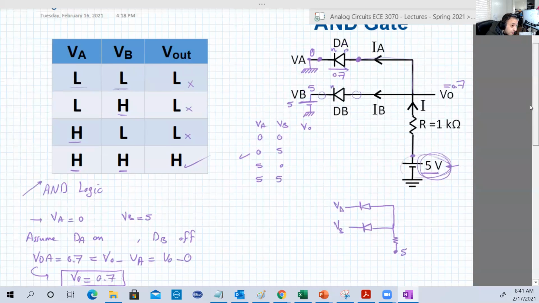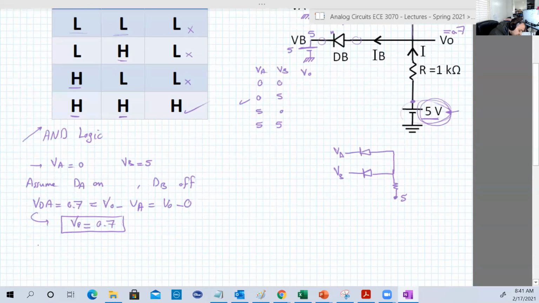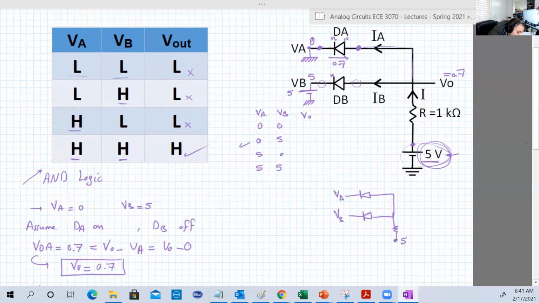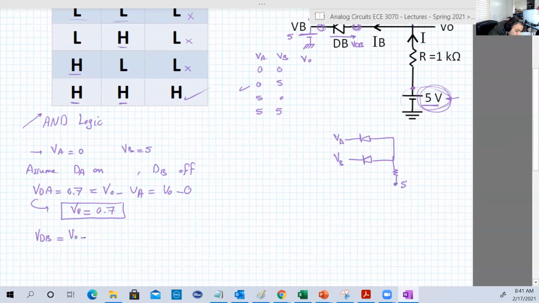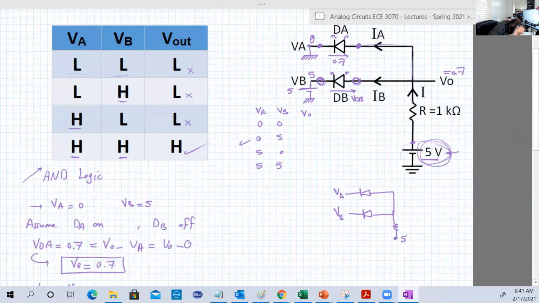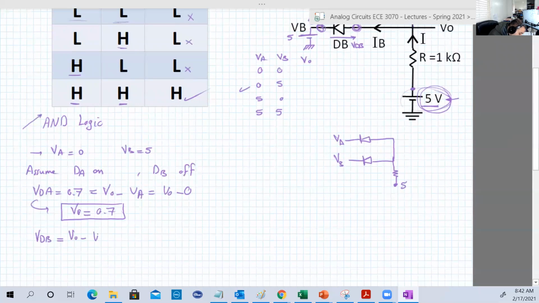Now let's check DB. So we remember DB is off. So it might be reverse, it might be forward, but with voltage less than 0.7. So let's check that. Let's determine VDB. VDB is the voltage of that guy, equal to that point minus this point. This point is VO, which is known now, and this point is VB, and it's known because it's 5 volts.